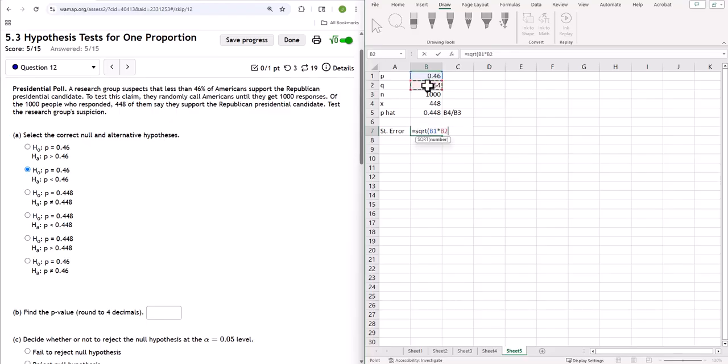P times Q divided by N. And the square root of that, forgot to say that. So then we get a test stat, always important. It is going to be p-hat minus p divided by our standard error.